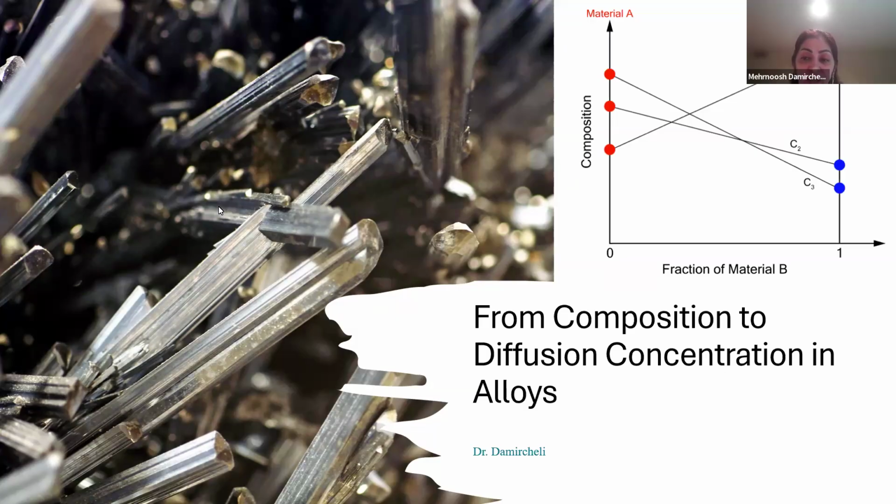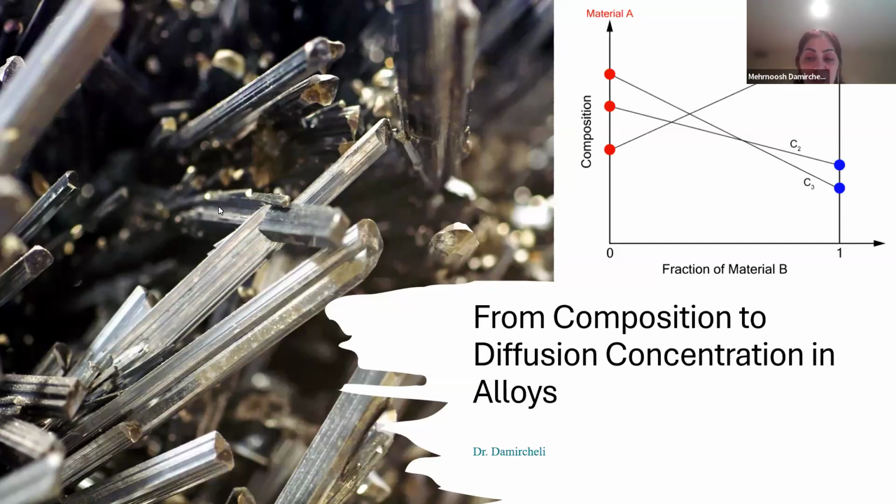By the end of this video, you will understand how to convert between weight percent and atomic percent, calculate the mass per volume concentration that you use for diffusion calculations, determine the average atomic weight of an alloy, and compute the average density of the alloy using the rule of mixtures.